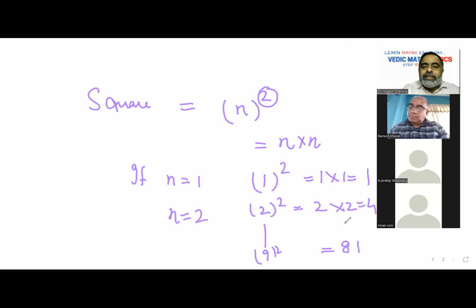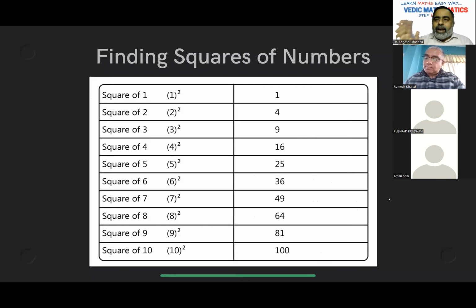So first job is you have to write down this table in your notebooks and then try to remember this, because this would be the base for solving all the squares of bigger numbers as well as square roots. Later when we learn square roots also, that can be derived from just this table itself.